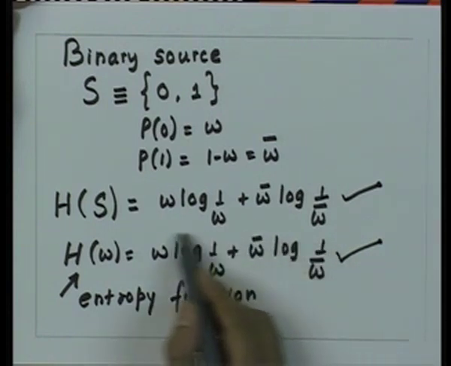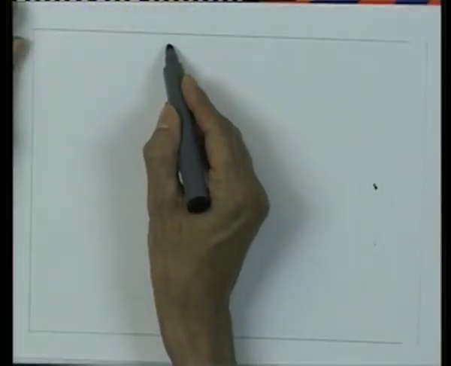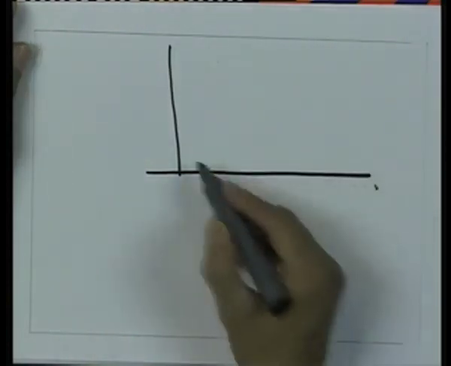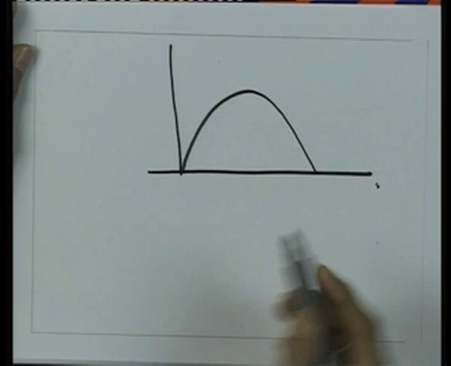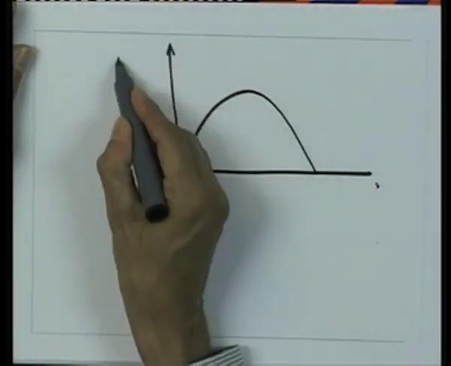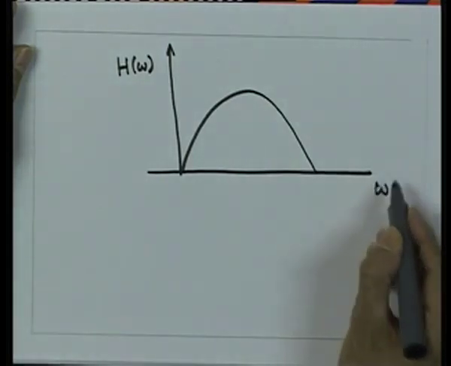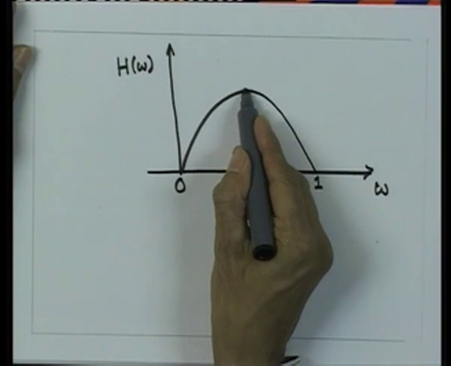Let us look at the property of this entropy function. If we plot the entropy function H(W) versus W, you will get something like this. This is my H(W) and this is my W, from 0 to 1.